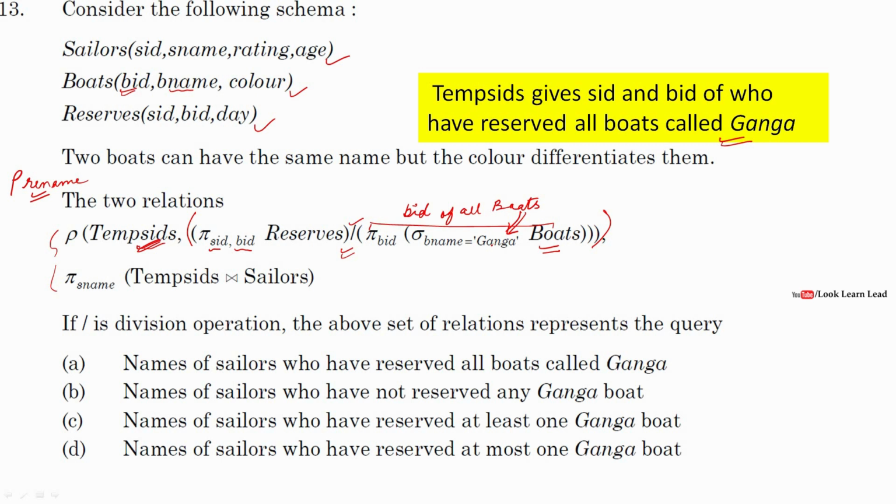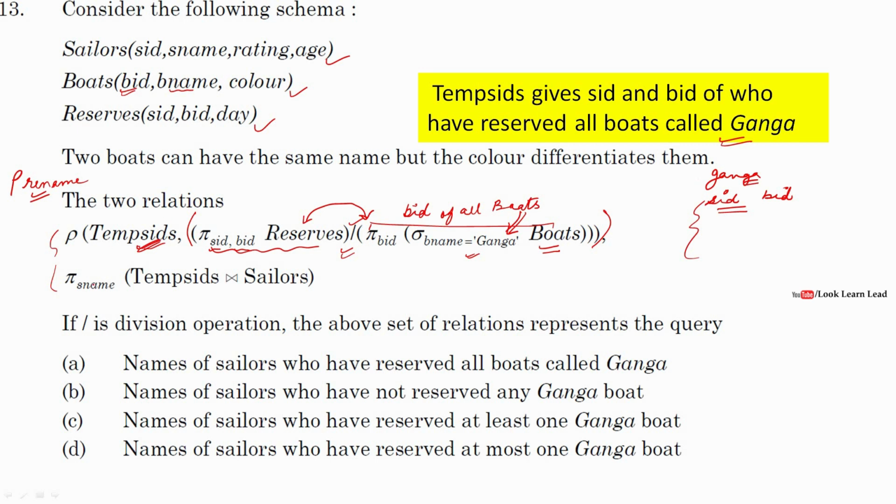When the division operation is performed over the BIDs of Ganga only, from all the SIDs and BIDs in reserves, temp SIDs would contain the SIDs and BIDs of the boats whose name is Ganga.